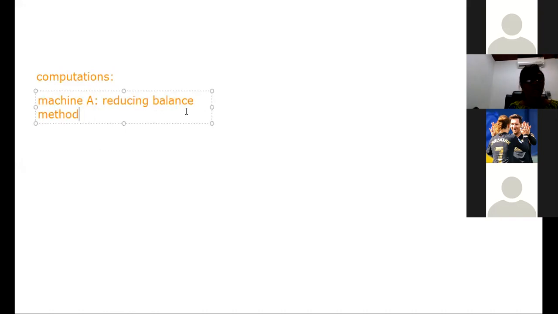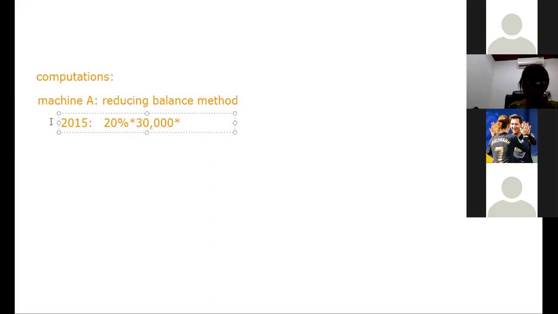So for year 1, or 2015, it will be 20% times 30,000 times 12 over 12. It's from January to December.